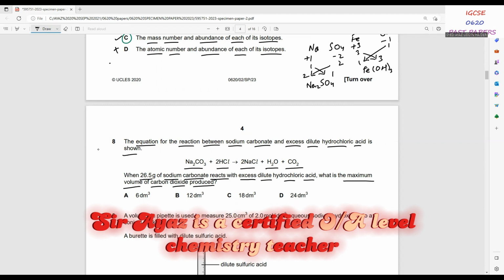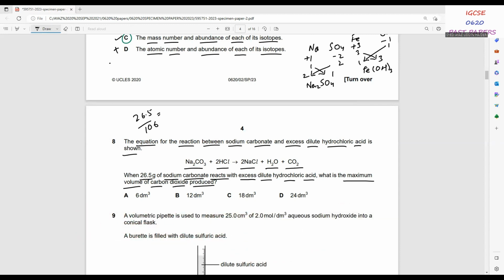So you'll add 46 plus 12 for carbon plus 48 for oxygen, 106. So we will divide 26.5 by 106, which will be 0.25 moles.